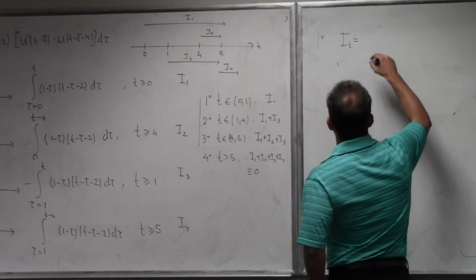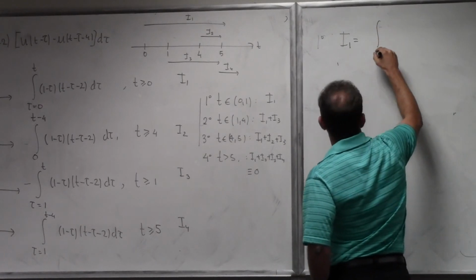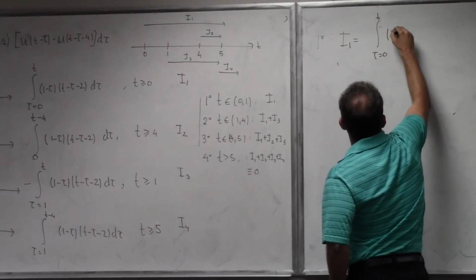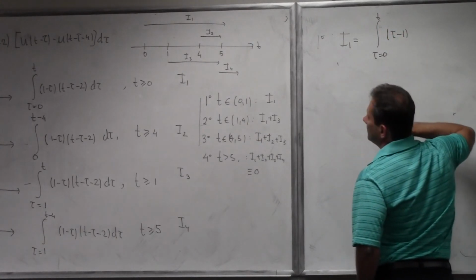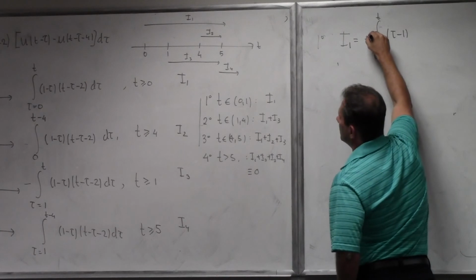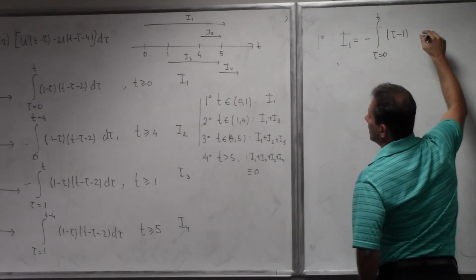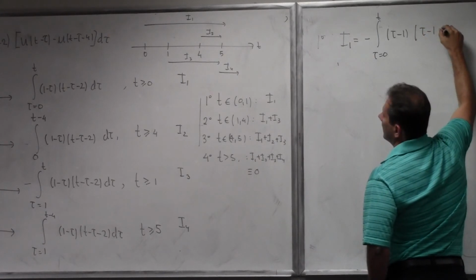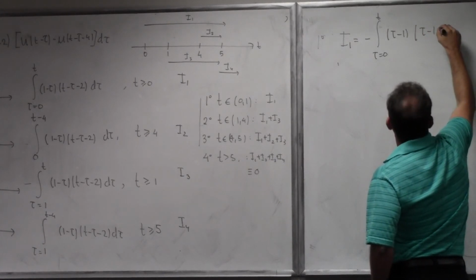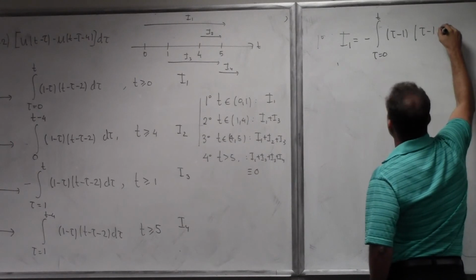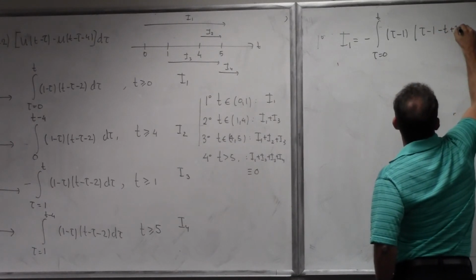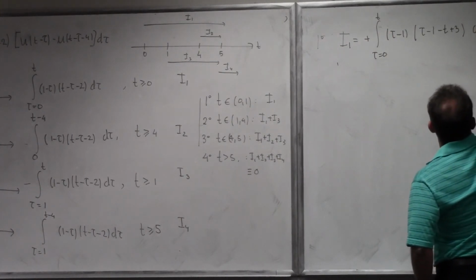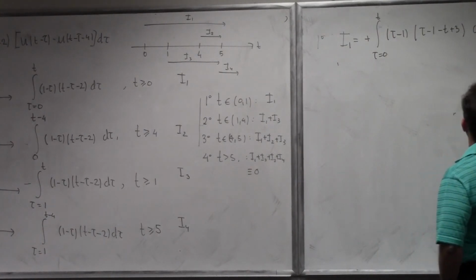I can say that this is the integral when tau goes from 0 to t. I'm going to write this as tau minus 1 with a minus here, and then call this tau minus 1, minus t plus 3, and then put another one here, and then call this d tau minus 1.